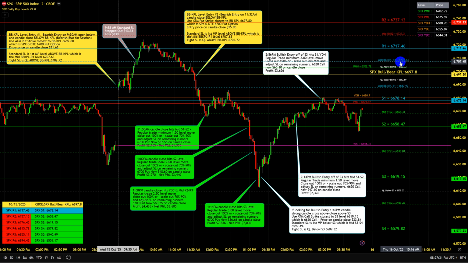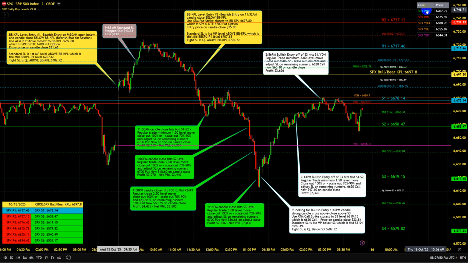When you first get the indicator, the default startup levels are going to be the bull bear KPL, and then R1 through R6, S1 through S6, and then you will have two midpoint levels turned on, the mid BBKPL R1 and mid BBKPL S1, and then you will have two QL levels, QL above BBKPL and QL below BBKPL.